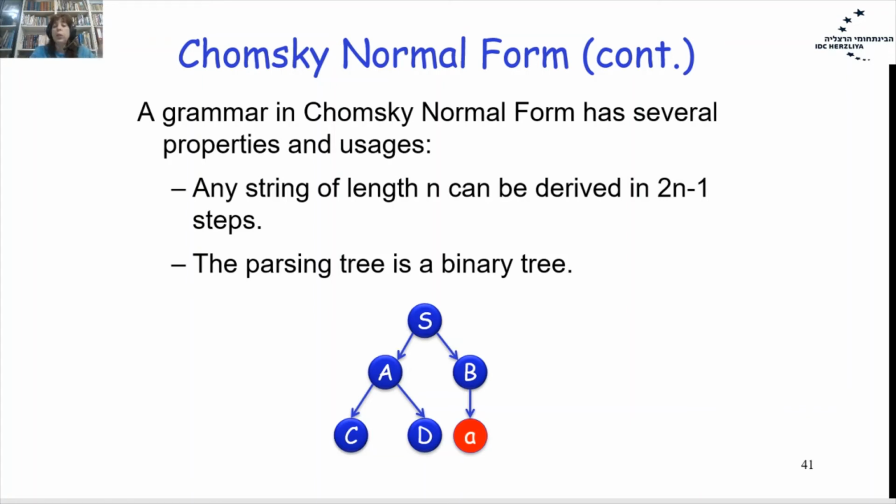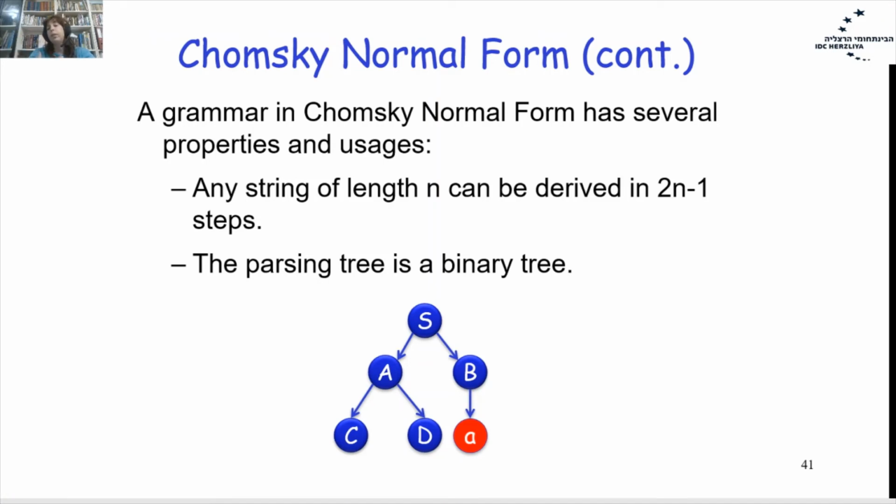We also know that if we are given a string of length n, the string will be derived in 2n minus 1 steps. We will build a binary tree with all the variables, and then all the variables will be replaced by a single letter, and we had n letters.